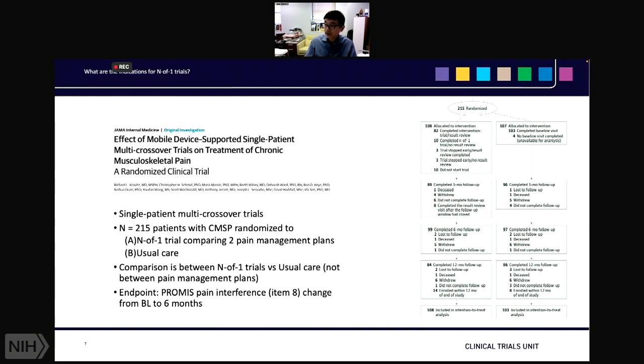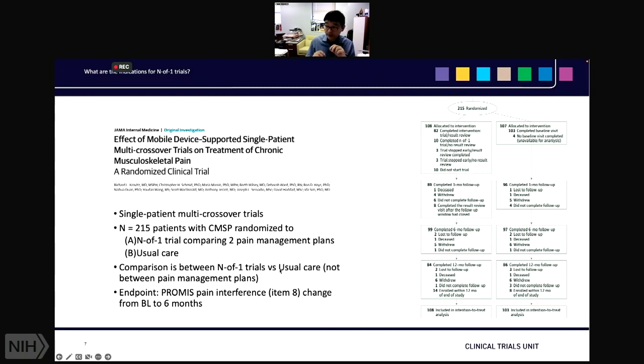This study design is slightly different from the previous 2 in that there's a control arm, in which participants will just receive care in a non-N-of-1 fashion. The key here is that the comparison is again not about which management plan is better, but rather whether N-of-1 trials are better than usual care.